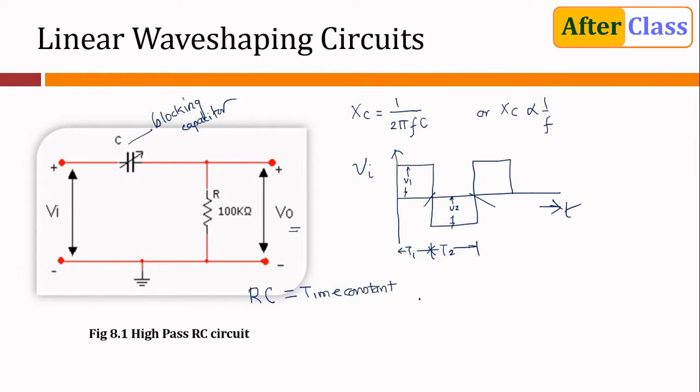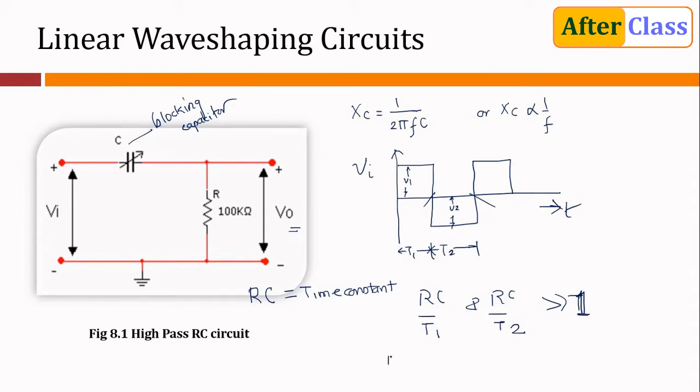If RC by T1 and RC by T2 are very large in comparison with unity, very large with respect to the time period T, then the output will be identical to the input waveform.